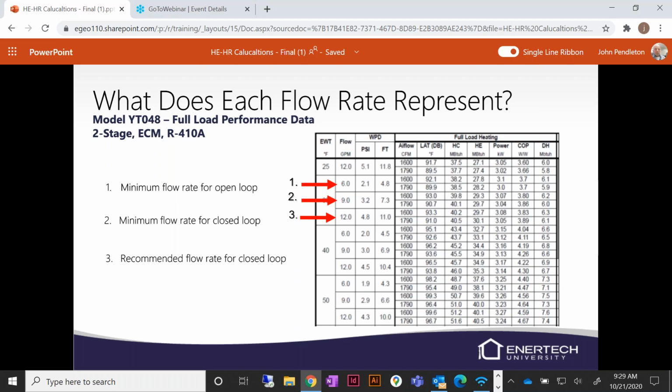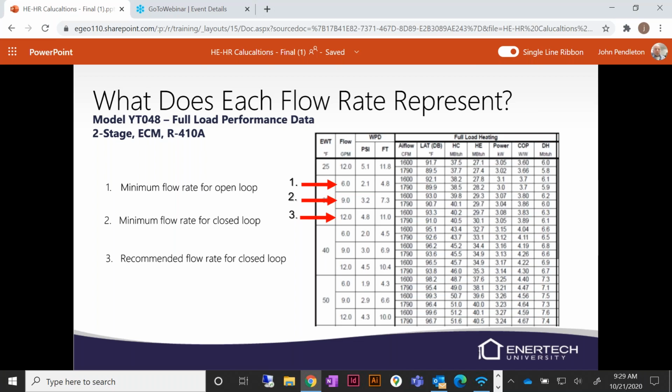And that's basically because the water is in contact with the pipe for less time, so it can't transfer heat quite as well. So as you slow down your water flow, the temperature difference obviously increases. If we look at an open loop, normally the temperature difference on that water could be like 15 degrees.